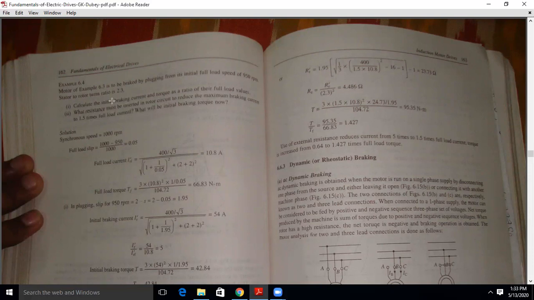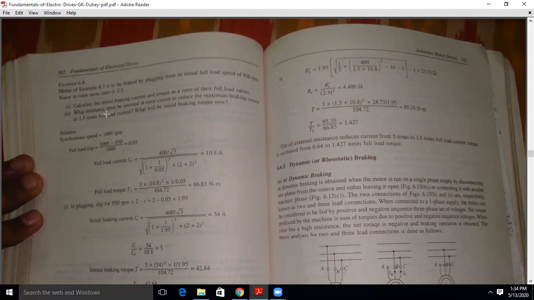Again consider this a normal condition of the motor, where initially the slip of the motor is 0. When plugging is applied, the slip of the motor will increase to 1.